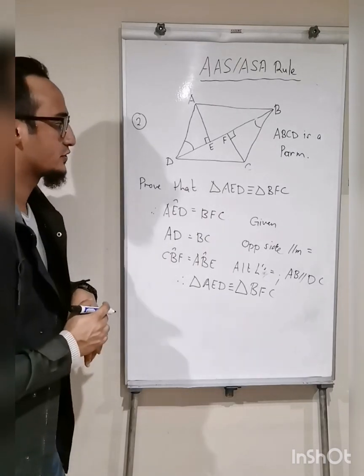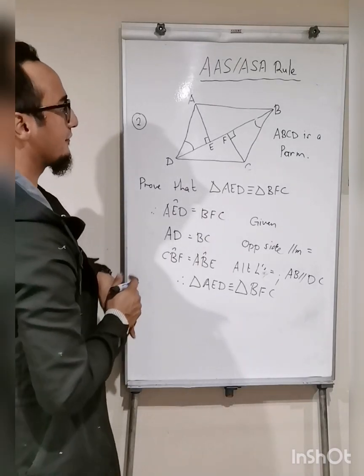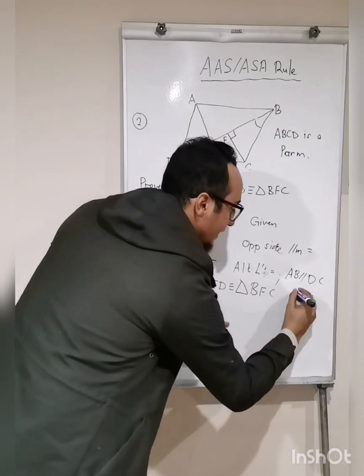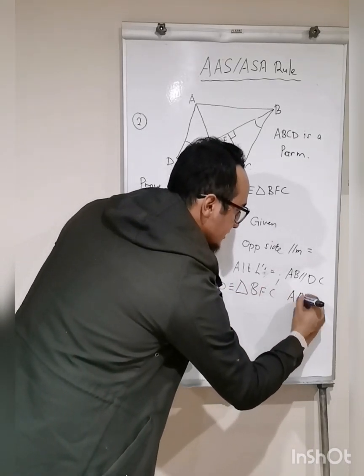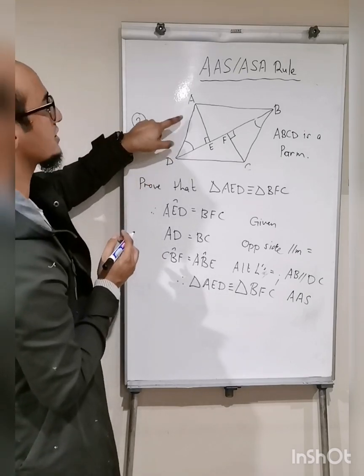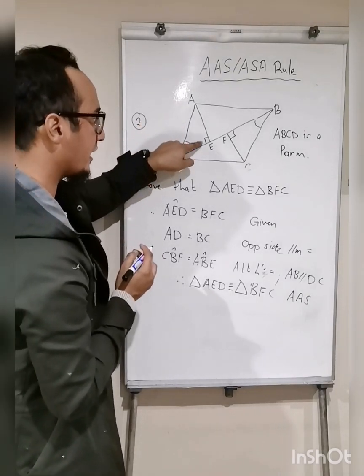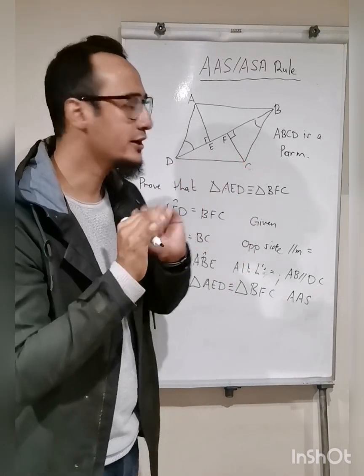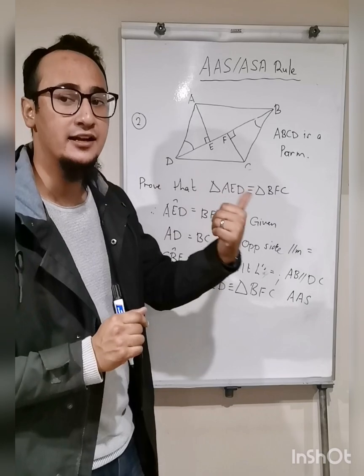Triangle BFC, the reason for saying that is, what did I find? I found the side and I found two angles, so my reason can be angle, angle, side. Also, do not forget, you can also look at it from this direction. You can also say side, angle, angle. It's completely your preference. It doesn't matter as long as you found two angles and a side.